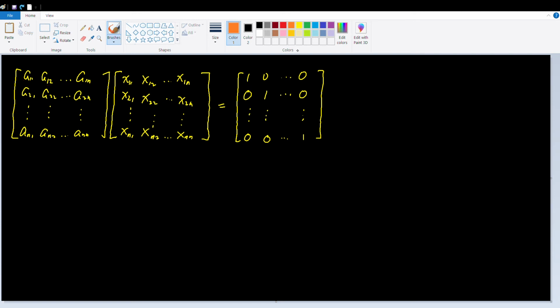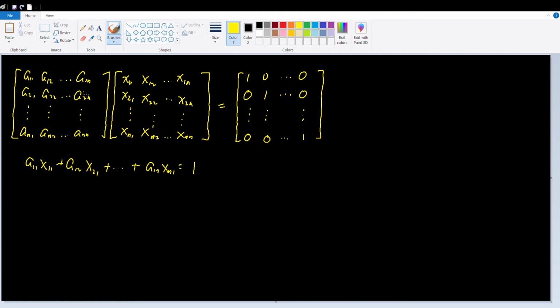So let us write down the equation: A11 times X11 plus A12 times X21 plus, and so on and so forth, A1n times Xn1 must equal 1.